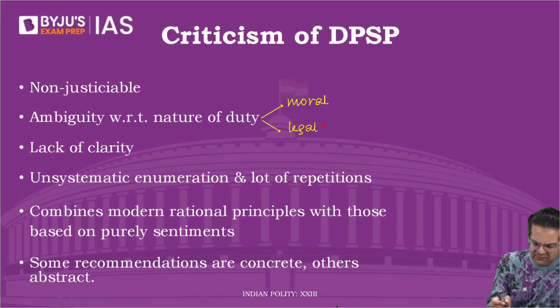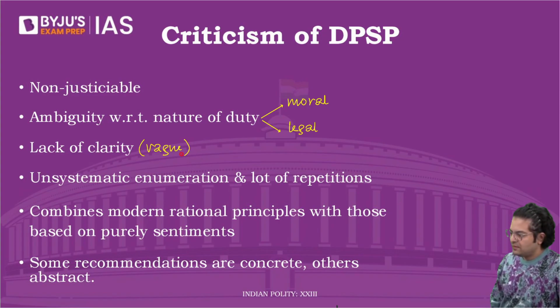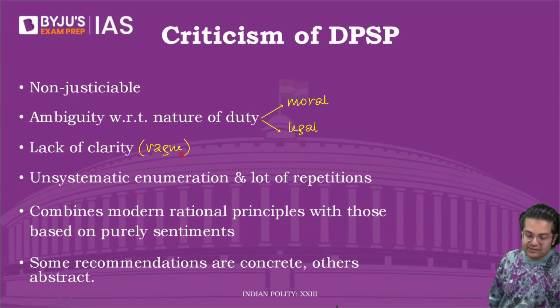Then lack of clarity. They are extremely vague about what some of these DPSPs want to achieve, right? But that is again a concern. Then unsystematic enumeration, a lot of repetitions, right?